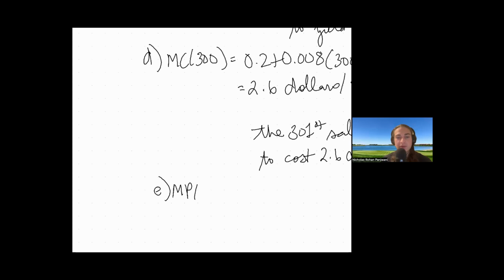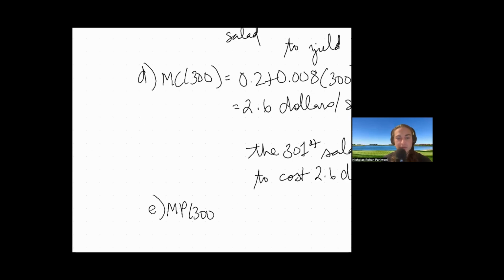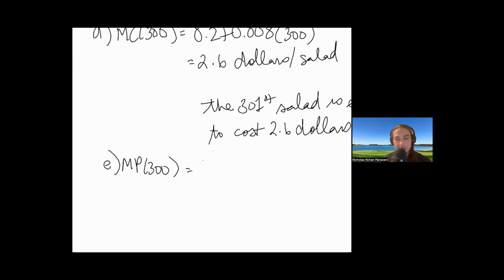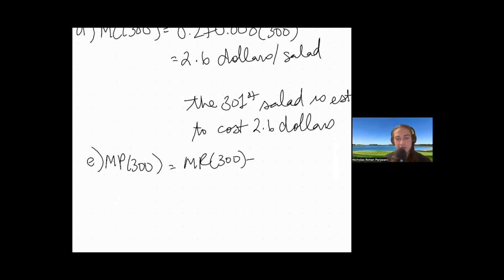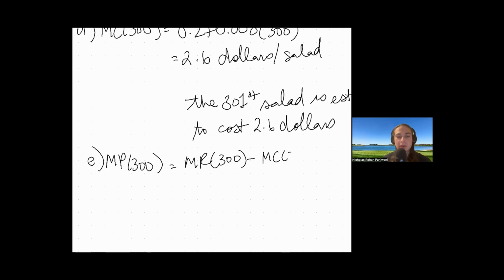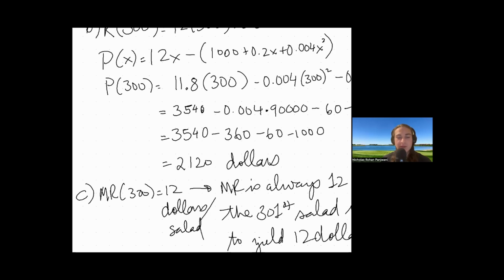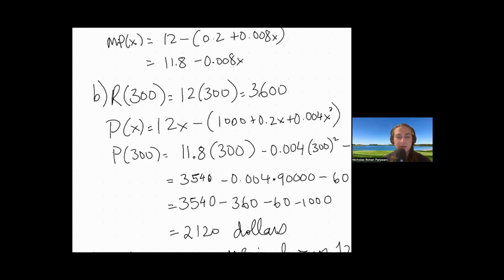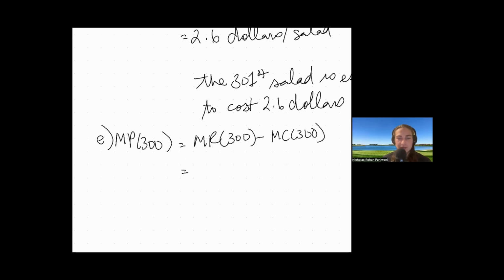So you can just subtract these two. Or you can go back to the earlier equation, which ultimately is the same thing, but this seems easier to me. 12 minus 2.6.